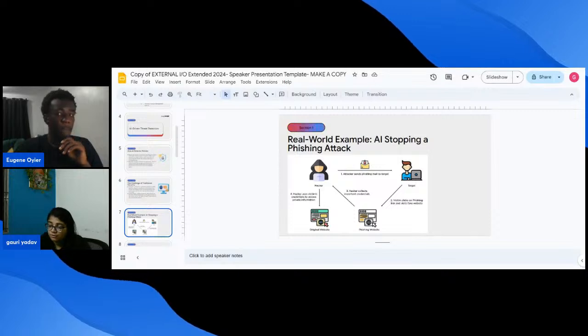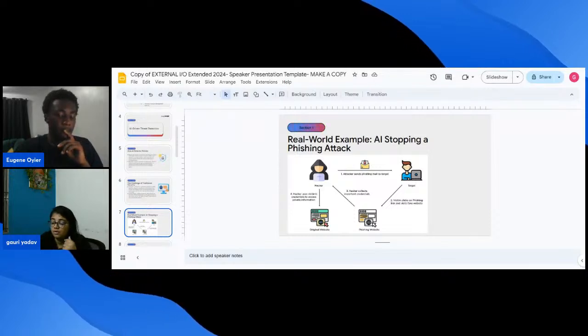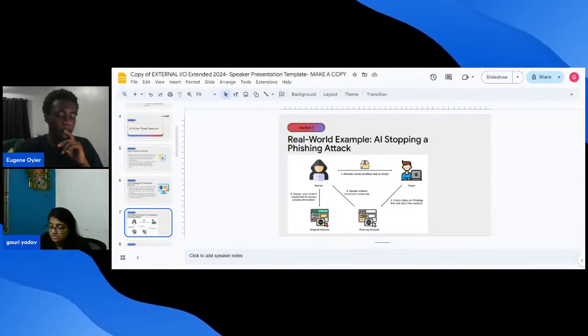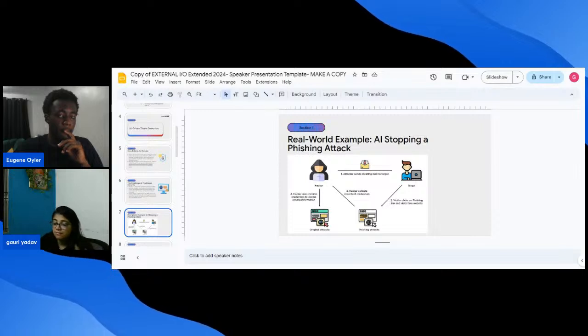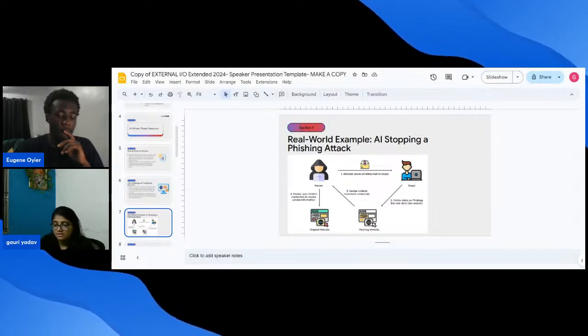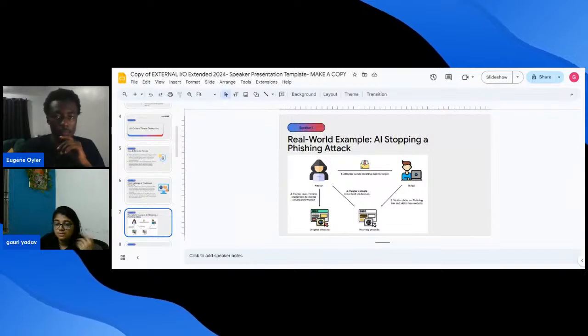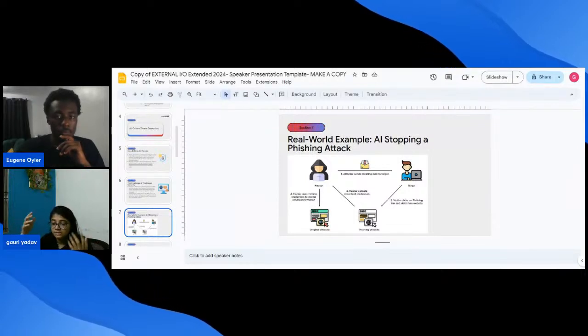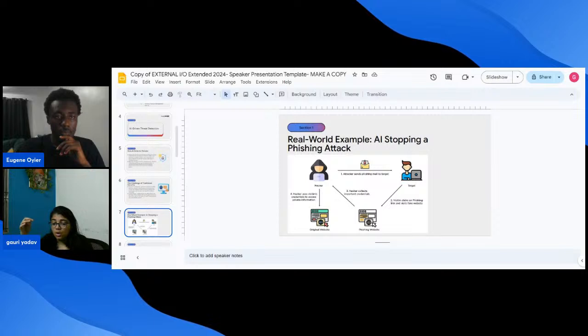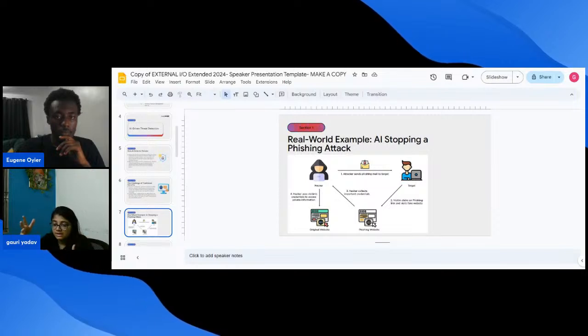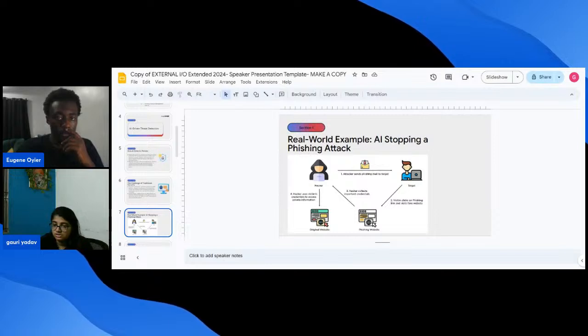And if all of your phone's data is gone, then you have your credentials, your bank credentials, your passwords and everything in there. So the attacker sends the fraudulent email that appears to come from a legitimate source. Now the email contains a malicious link or attachment. The victim clicks the link or opens the attachment unknowingly, providing credentials.